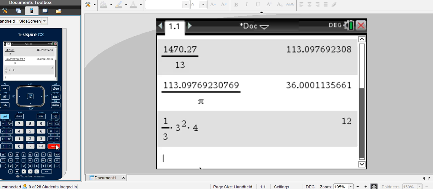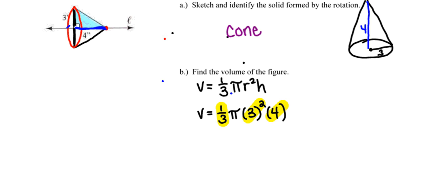And when I multiply those three numbers together, I get 12. I haven't yet multiplied by the pi, so my exact volume here would be 12 pi cubic inches.